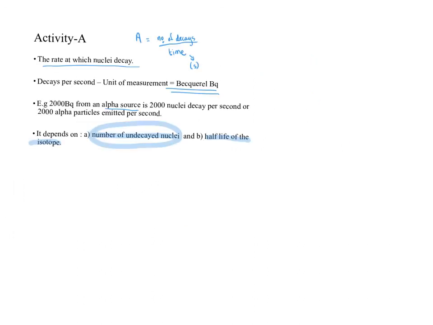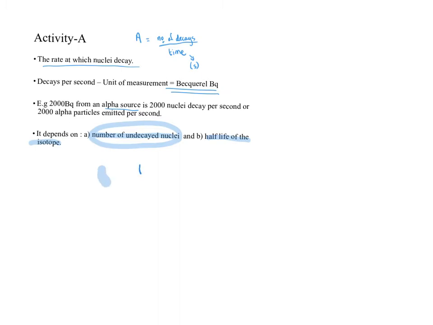So now that we have introduced activity and we saw how it works in terms of the dice and the similarity, we can consider a very large number of radioactive nuclei, N, at time 0.